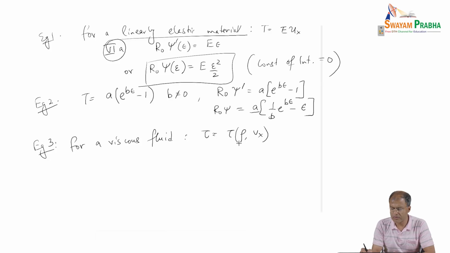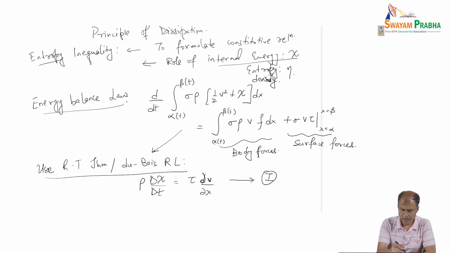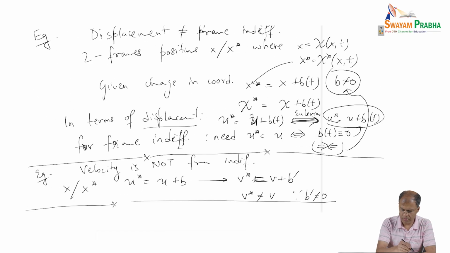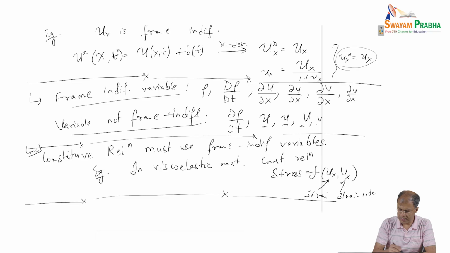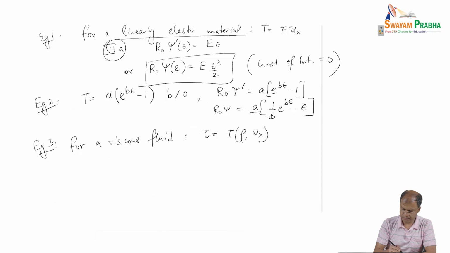We assume that the stresses depend on rho and Vx. So these are all frame indifferent variables. I think we have noted that frame indifferent variables are this and this. So tau is a function of rho and Vx.